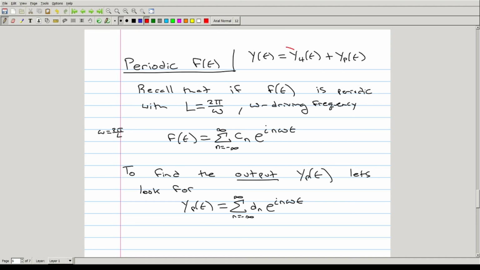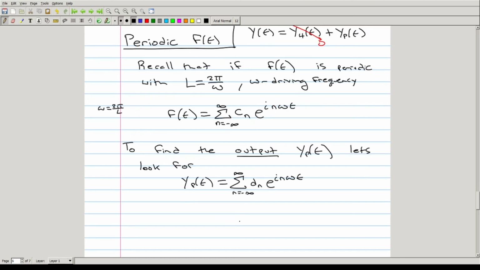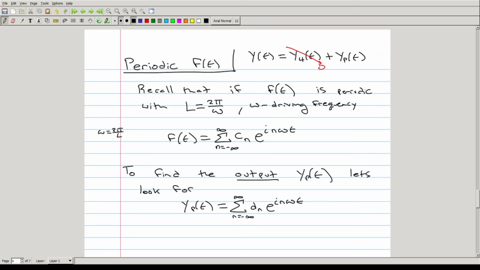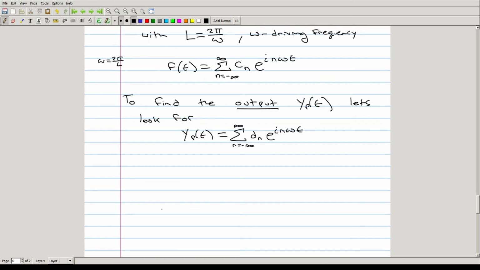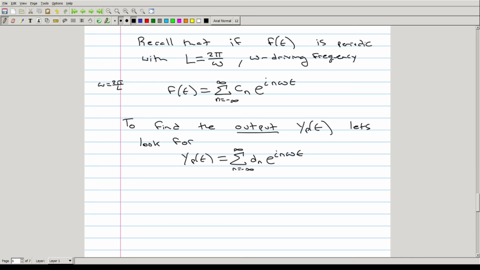And as t goes to infinity, we're dealing with the case of asymptotic stability. We're assuming the real parts of the eigenvalues are negative, so yh goes to 0. The transient goes to 0 as t goes to infinity. So if this is the case, then we can look for yp in this form and see how it's related to the input to the problem, which is f of t.